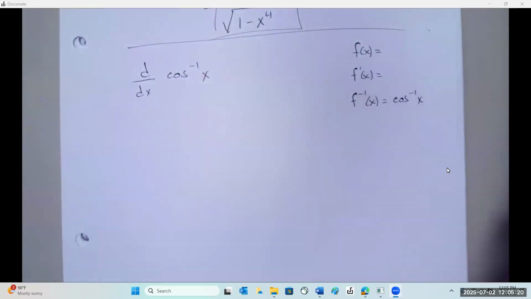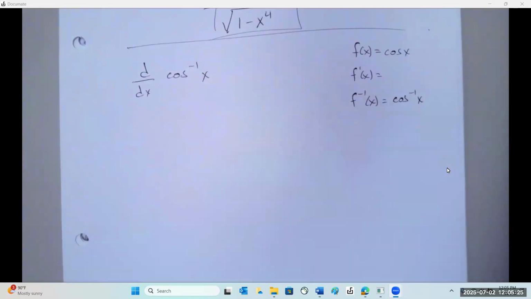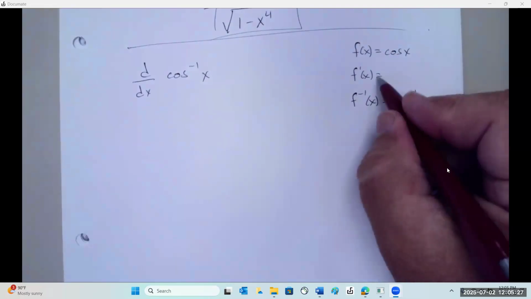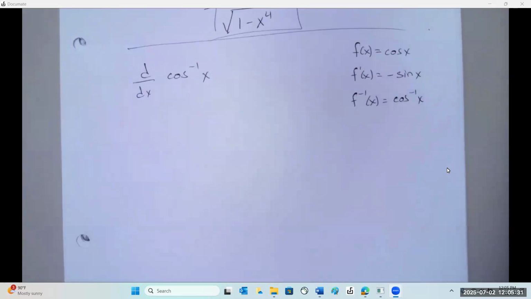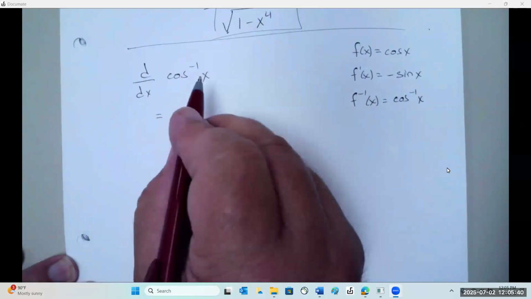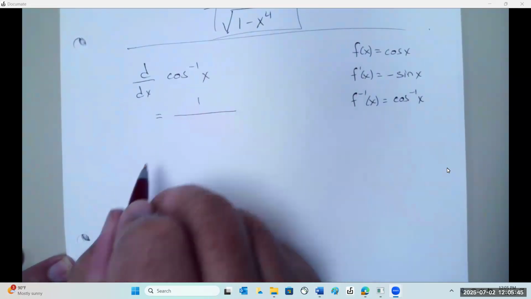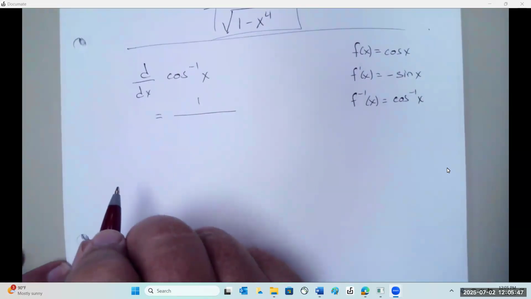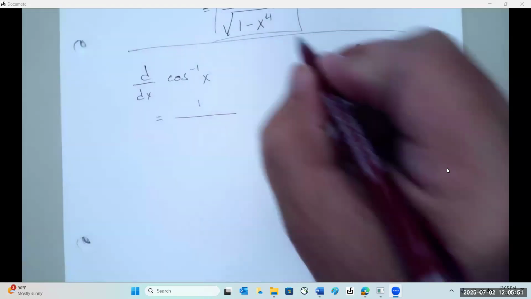So what's the f of x? Cosine x. So the derivative of cosine is negative sine of x. So this derivative becomes, remember we have that.